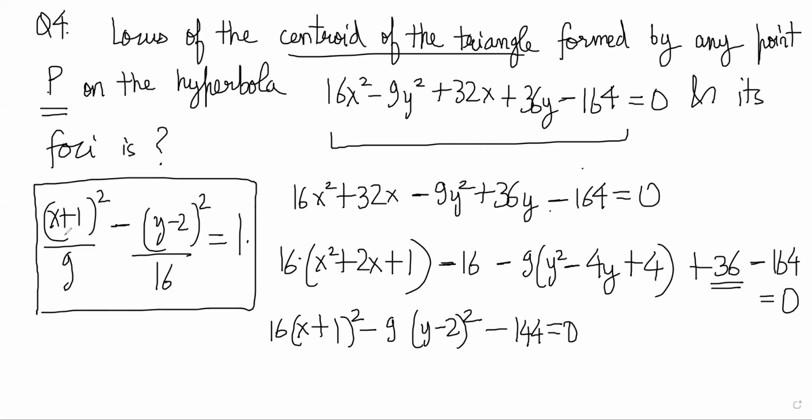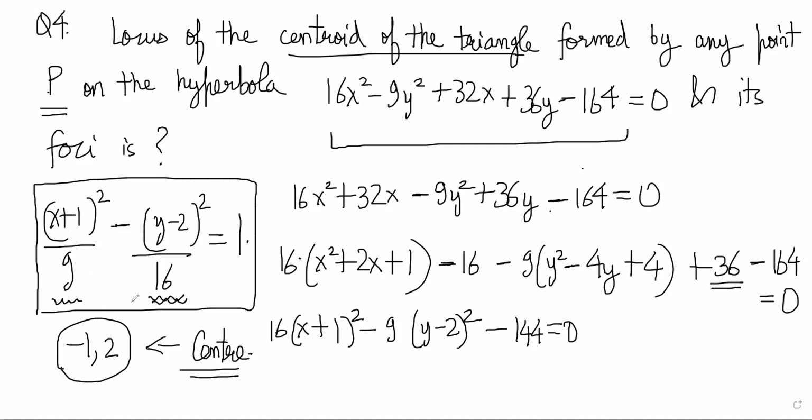Notice that this is a shifted hyperbola. The center of the hyperbola is shifted to minus 1 comma 2. This is the center. And if the center is shifted, you have to also realize that the transverse axis is not as big as the conjugate axis, right? So it's also like a hyperbola where the transverse axis is parallel to the y-axis, right?